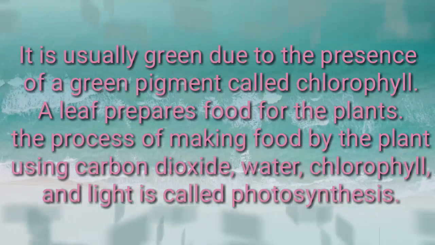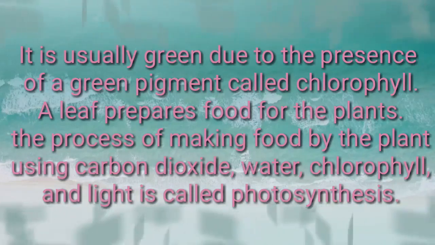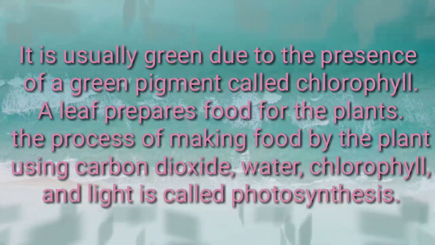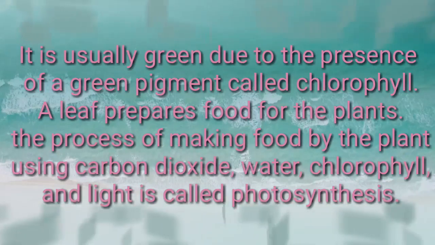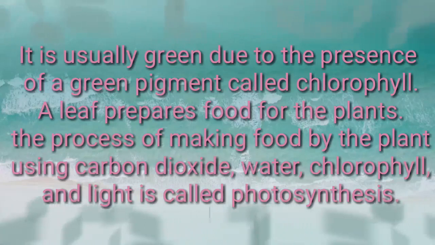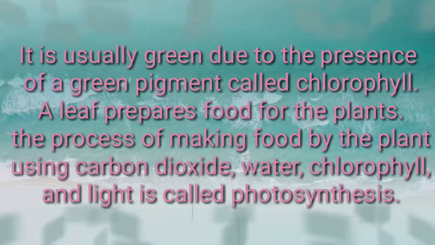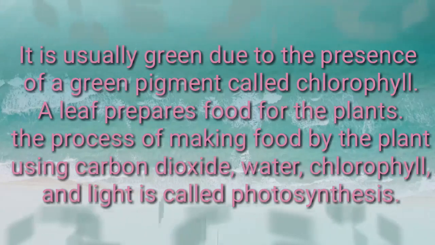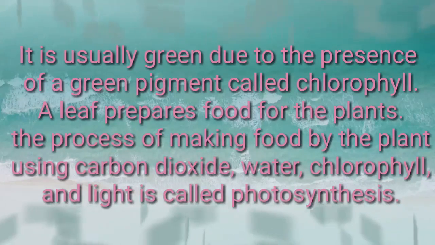A leaf prepares food for the plants. The leaf is the kitchen of the tree. How are they making food? They have a process, and that process is called photosynthesis, which you already learned in 5th standard.